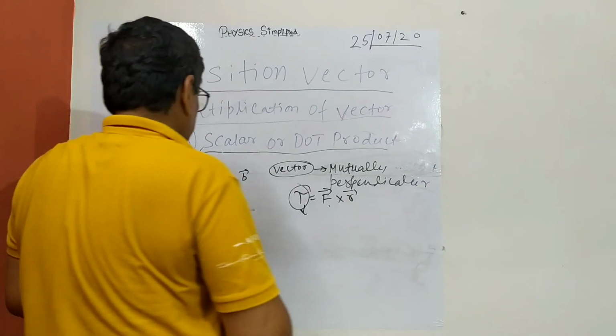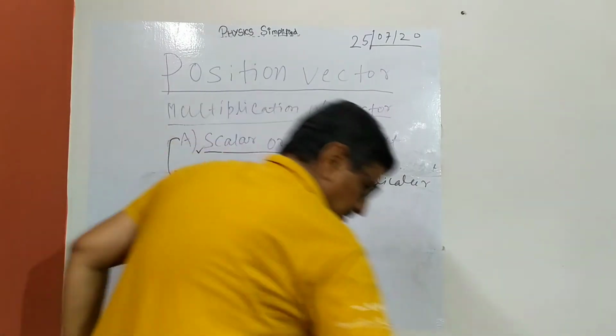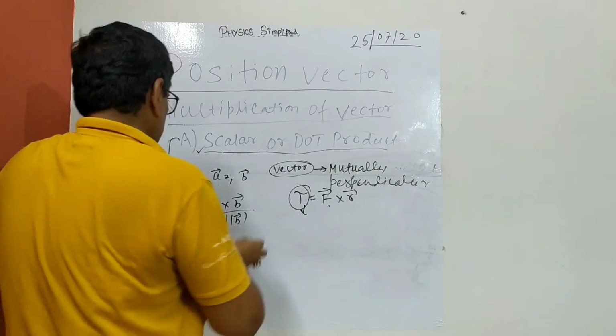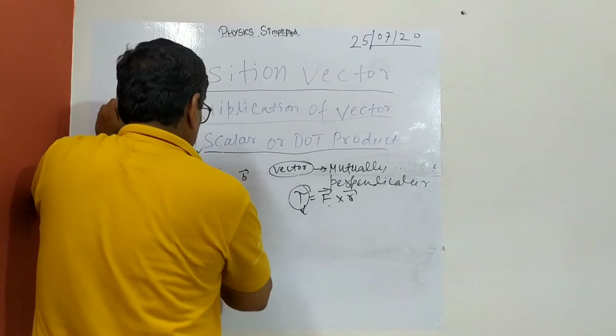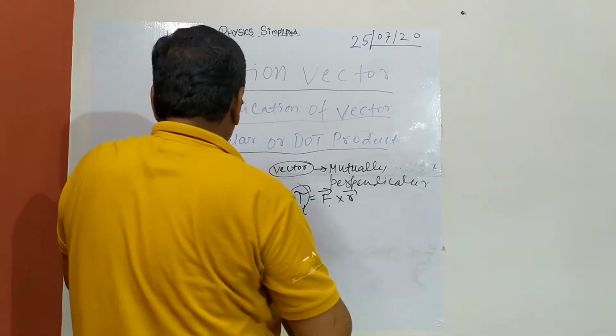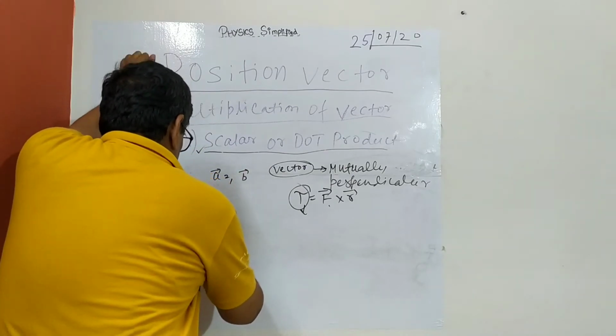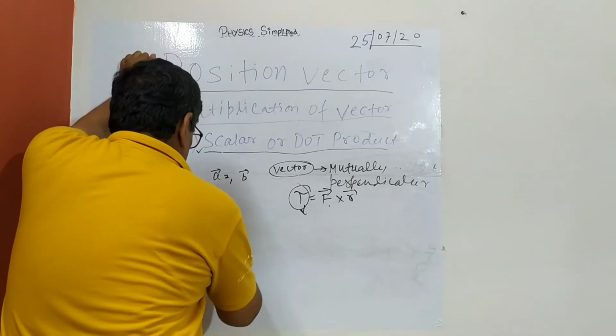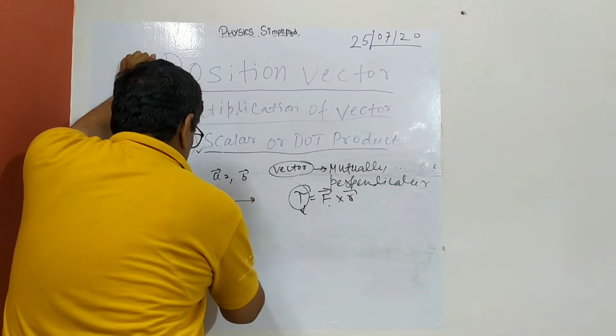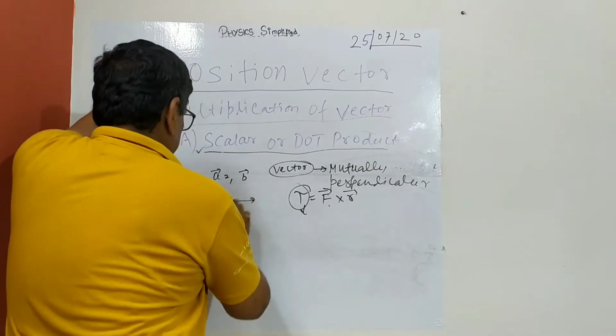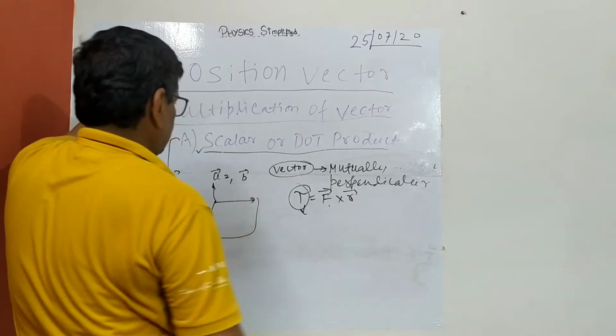Okay. So again, coming to this, because this is perpendicular, what I am saying is A cross B will give a vector which is along this direction, perpendicular to the plane of the paper.